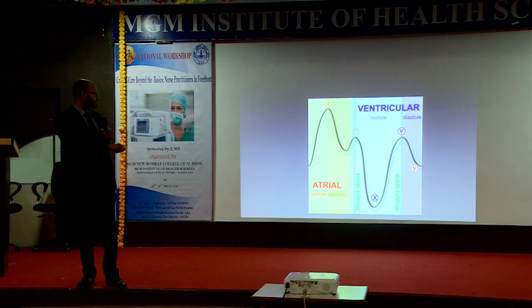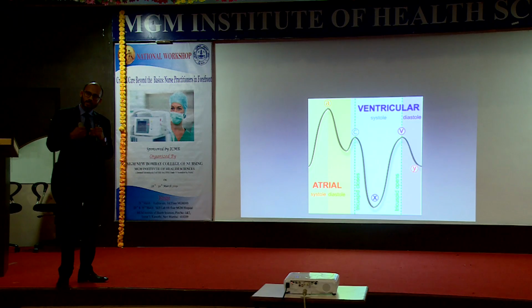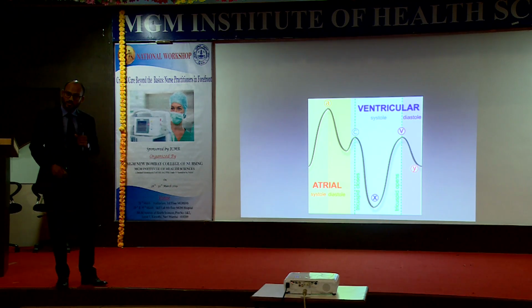Then it starts to relax until the tricuspid valve closes, and then you get another small blip over here called the C. Tricuspid valve closes, and then your atria starts to relax. When your atria relaxes, you get this big descent in pressure. So the X wave is due to atrial relaxation. A wave, atrial contraction; X wave, atrial relaxation.